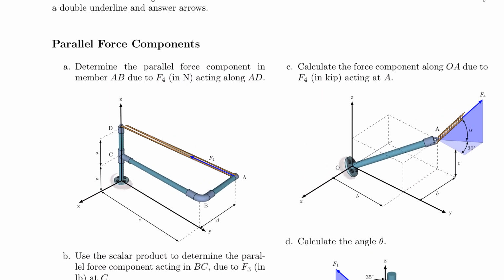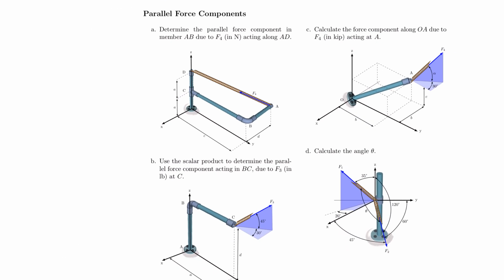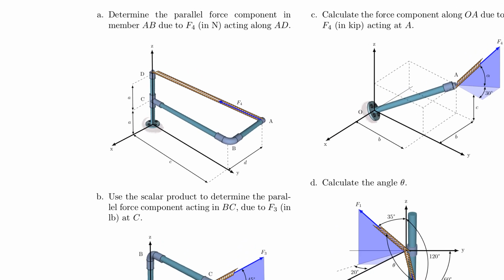So let's take a look at these fun homework problems, and of course we go through them one by one. You will be very surprised how easy your very first problem is. What you ask here is to find the force that is parallel in AB due to the force F4 acting at A here.